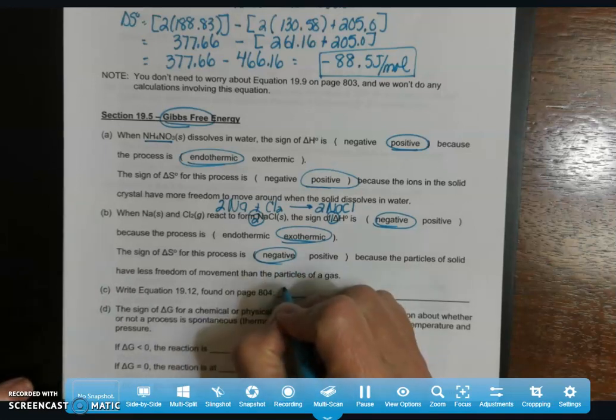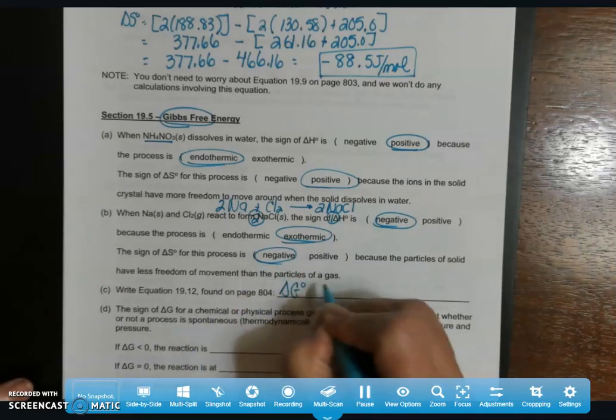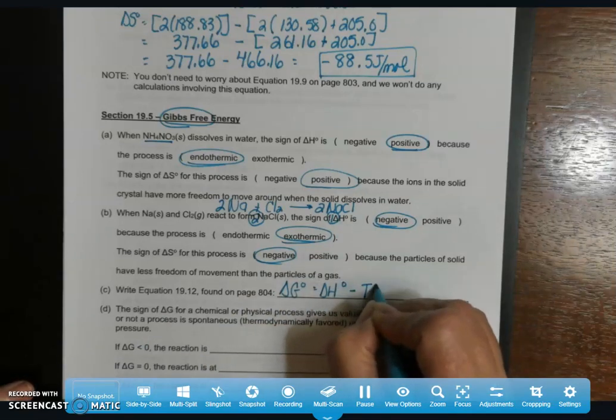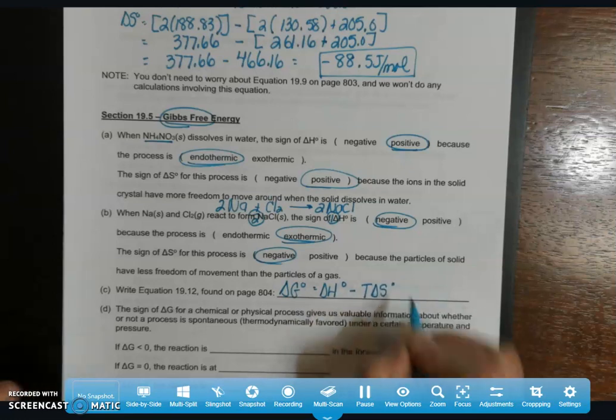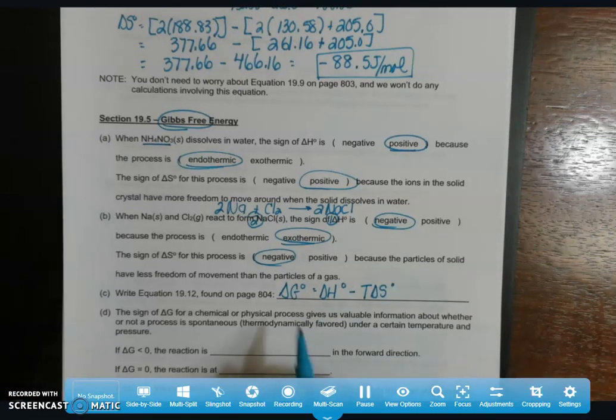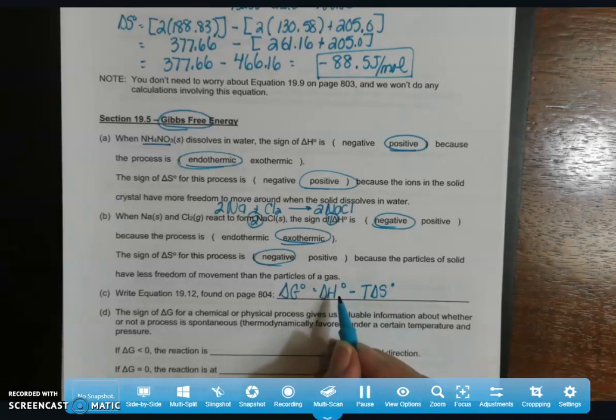Now, I can write this equation. Delta G is equal to delta H minus T delta S. And this introduces a new concept known as the Gibbs free energy. What the Gibbs free energy is, is really important because we're going to look at the thermodynamic favorability of a reaction to occur by combining the concepts of enthalpy and entropy.